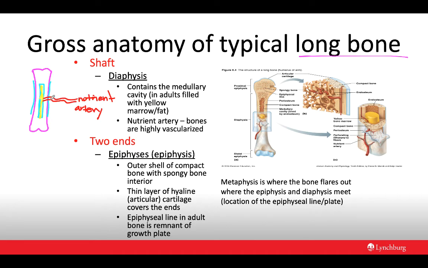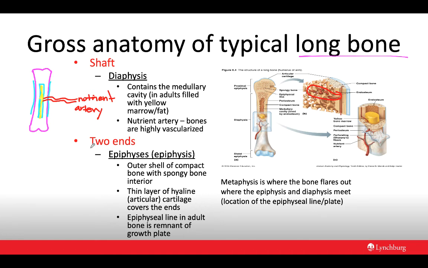So this artery is going to insert into the diaphysis of the bone, and then it's going to divide and travel all through the compact bone and the spongy bone, and give that bone a really good blood supply, which is great because when you break it, it does bleed, but it also heals back. So bone is really regenerative. We're able to heal once we break our bones, which is a good thing.